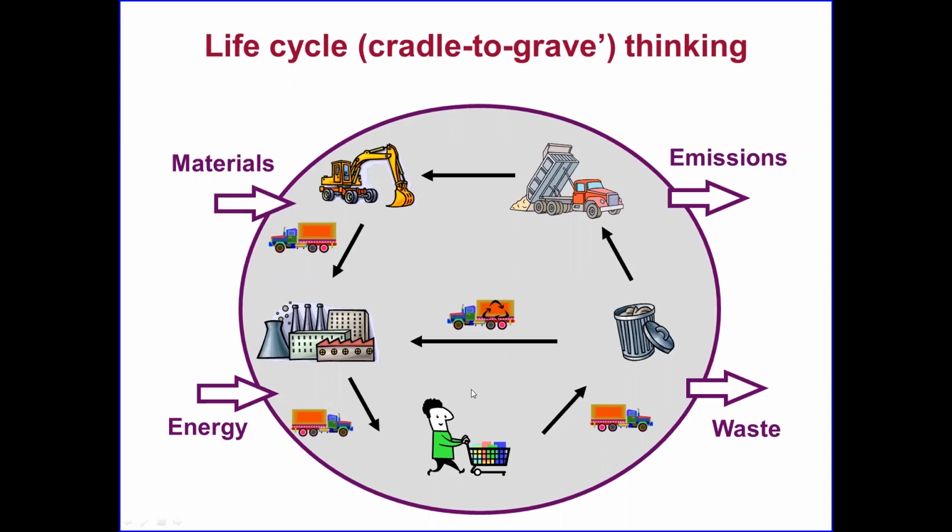So this concept or thinking is called cradle to grave approach, which from the terminology means from the birth or start of the product till its end of life. Now we are also talking about more circular economy where the product will be reused and recycled.